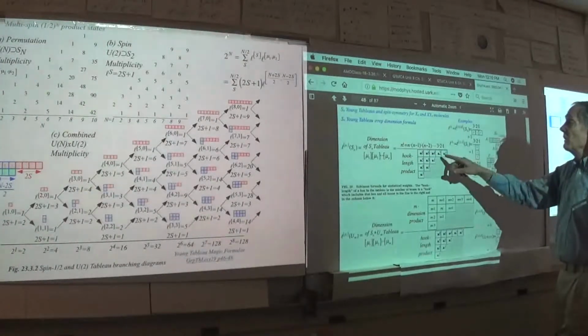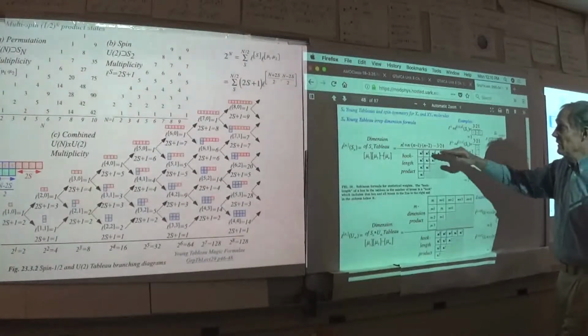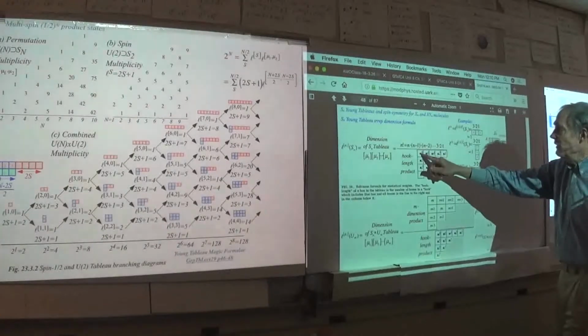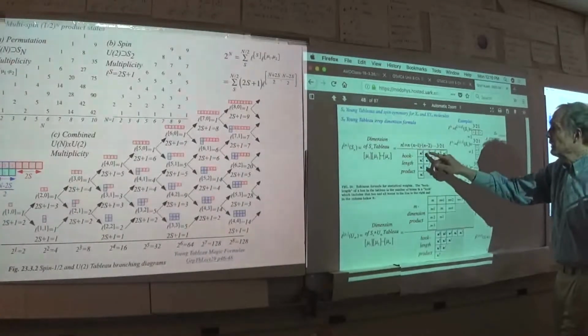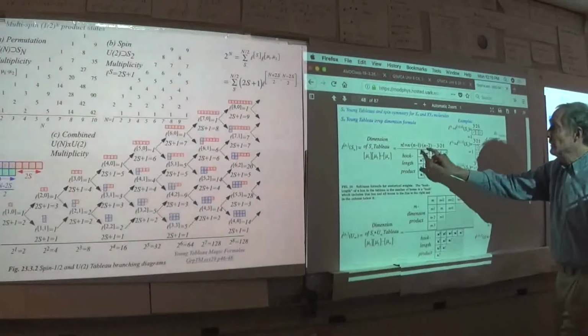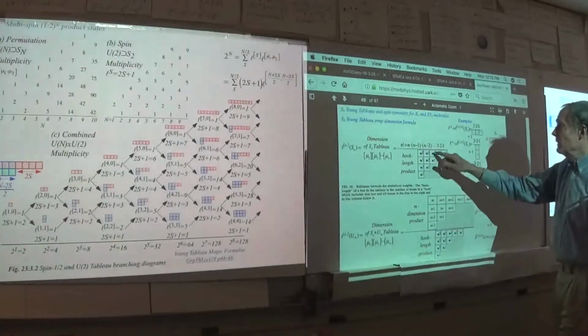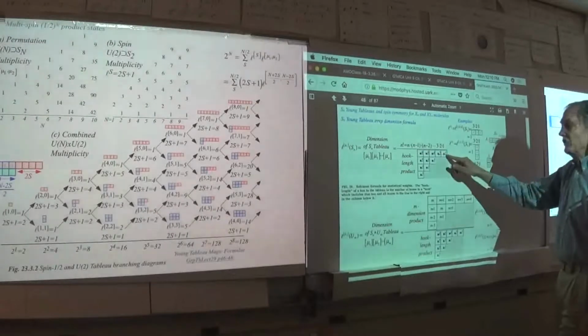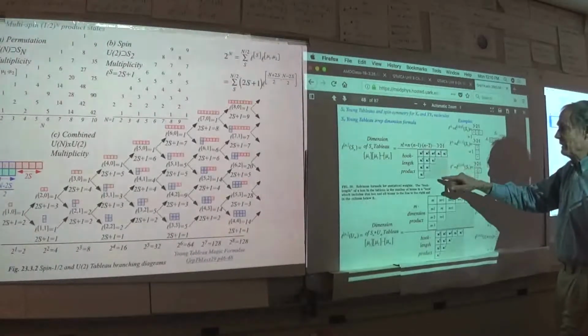That is the number of boxes in a hook. A hook is horizontal plus vertical, so 8 is here. That's 1, 2, 3, 4, 5, 6, 7, 8 goes right there. This one is 4 because it's 1, 2, 3, 4 in the hook. This is just 2 in the hook, okay?